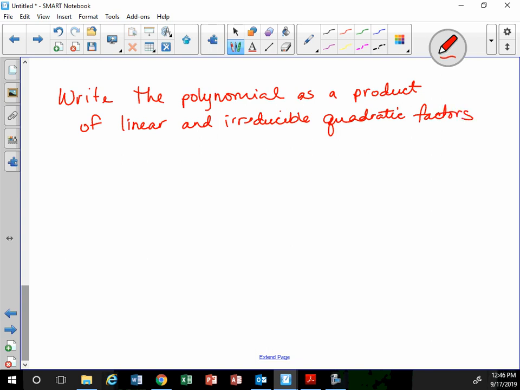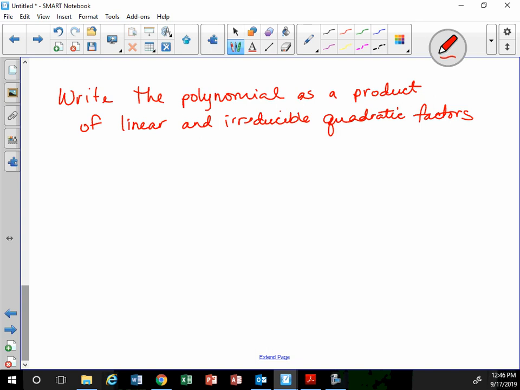Okay, read through that. Or I'll read it in case you can't read my handwriting. Write the polynomial as a product of linear and irreducible quadratic factors. So what does that mean? I know I'm not giving you the problem to do, but what does that mean your answer is going to look like? What do you think, Rohan? It's just going to be in factored form, okay?